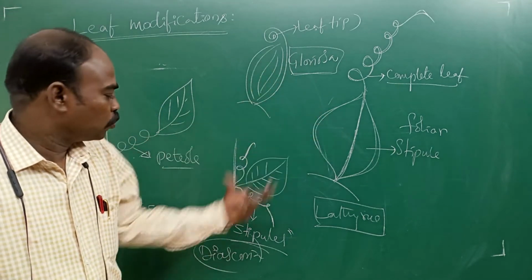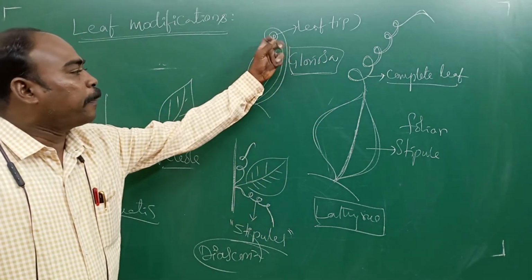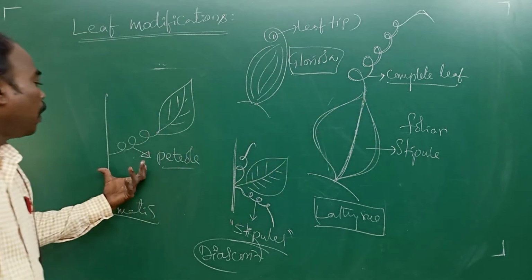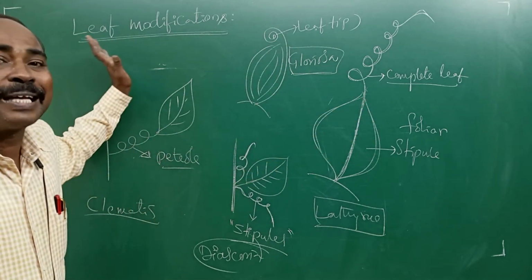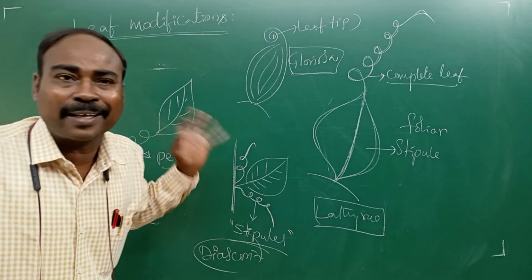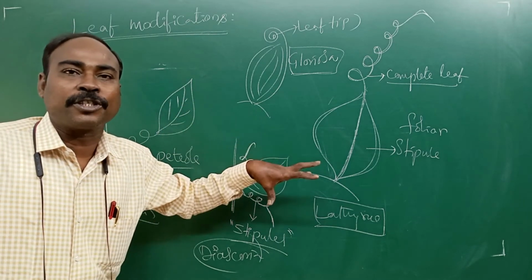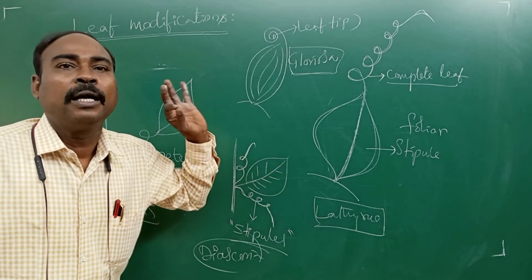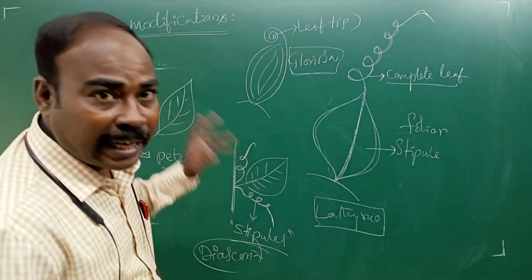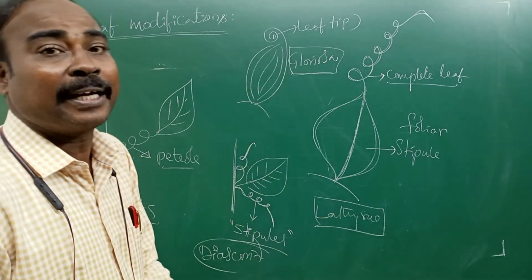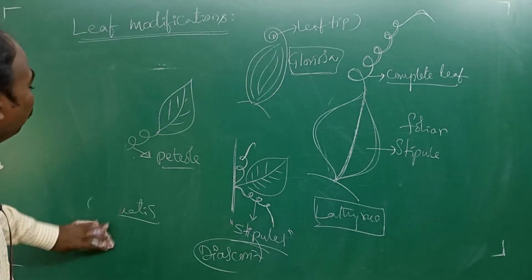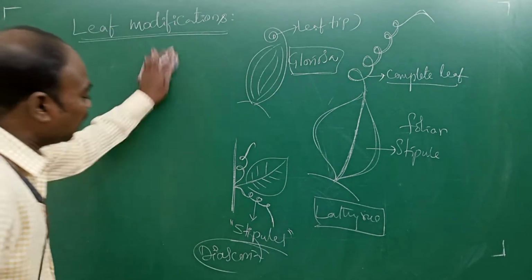So different parts, stipules, leaf tip, complete leaf, petiole or terminal leaflets, get modified into tendrils. What are tendrils? Tendrils are wiry, coiled, delicate, sensitive structures useful for climbing of the plant. A leaf part modified into a tendril is called leaf modification, leaf tendrils.